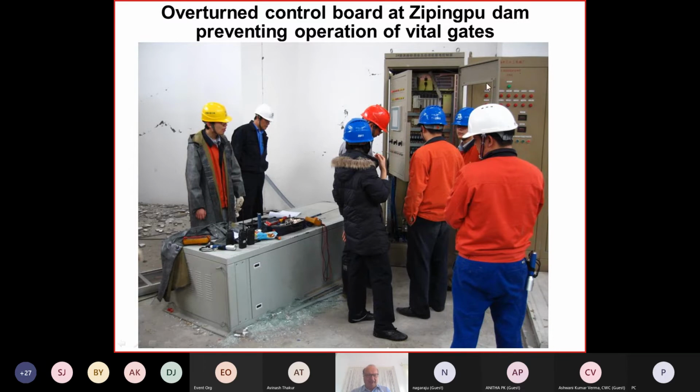So basically, due to this small incident, where some electromechanical engineers did not do proper work, or the specifications were not accordingly followed, the control board failed and it was not possible to operate the gates.